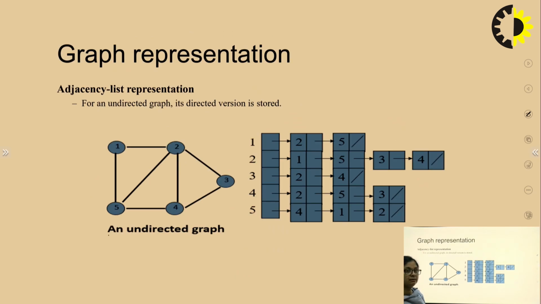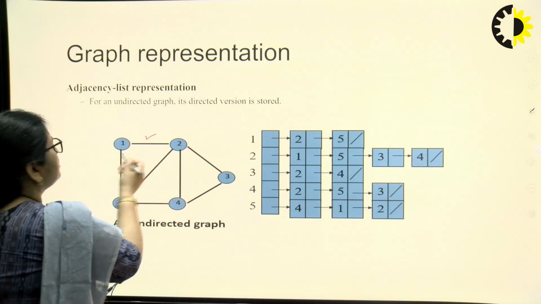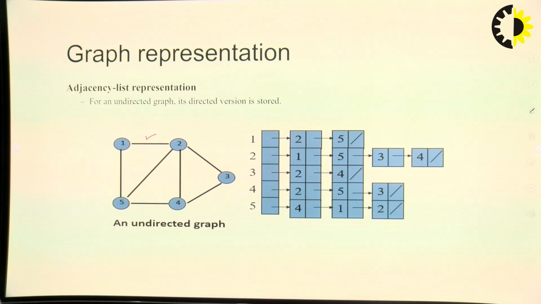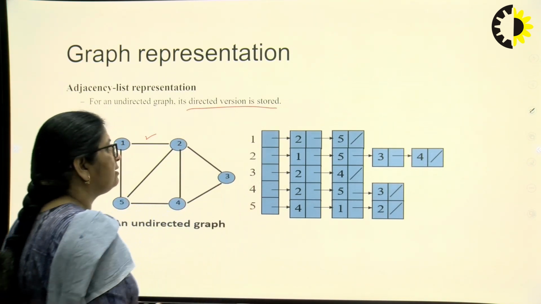Another example is for an undirected graph. When we are having an undirected graph, in this we can go from 1 to 2 as well as from 2 to 1. So what is required here? Its directed version is stored. What does it mean?